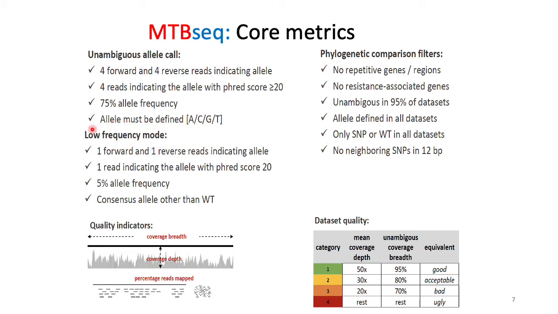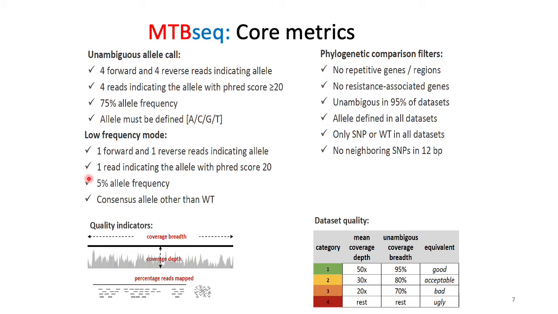By doing whole genome sequencing and variant calling with the low-frequency mode, you can detect even mutations at 5% allele frequency. It means that you can detect the mutations if they are present in only 5% of the bacterial population.